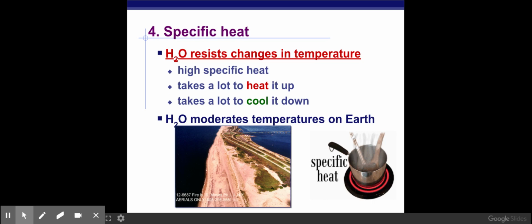This is going to be really important for moderating temperature. Places that are close to large bodies of water have more moderate temperatures. So they don't get quite as hot in the summer or quite as cold in the winter. That's because those big bodies of water are absorbing a lot of heat in the summertime and then releasing some of that heat in the wintertime.